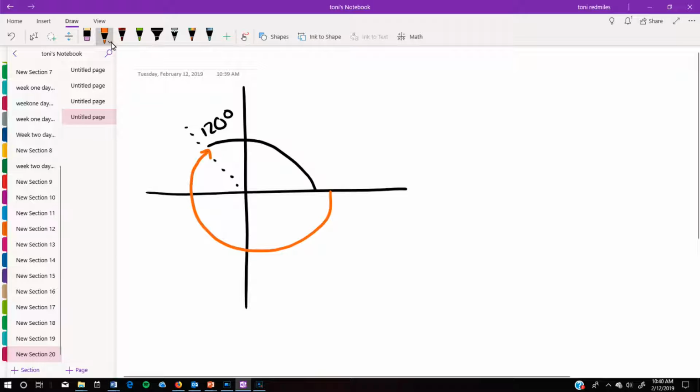So I went negative 90 degrees and another negative 90 degrees there, and then this one, if this is 120, this has to be 60 degrees, right? Because it has to make 180. So this is a negative because I'm flowing in that direction.